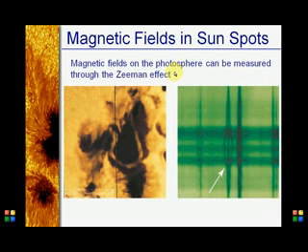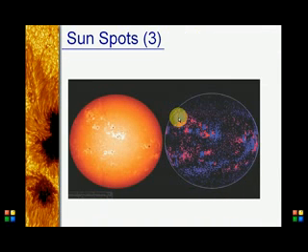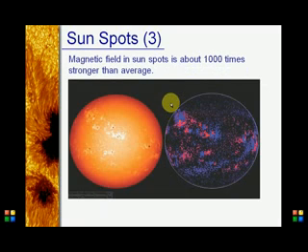Okay, magnetic fields in the sunspots. Magnetic fields on the photosphere can be measured through the Zeeman effect. Sunspots are related to magnetic activity on the photosphere. The magnetic field in the sunspots is about 1,000 times stronger than the average.